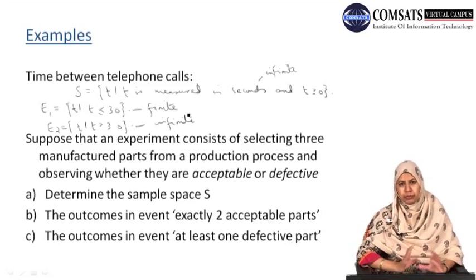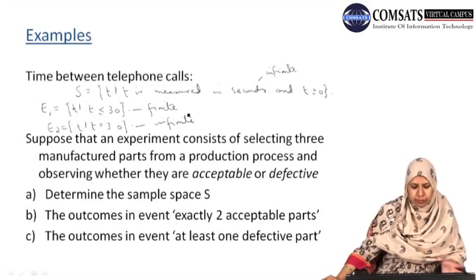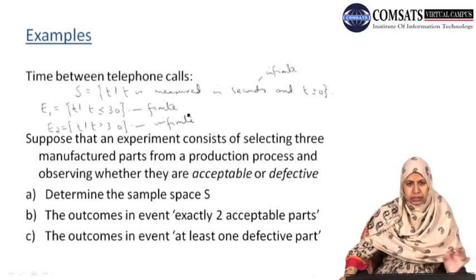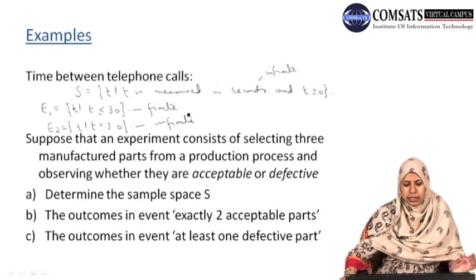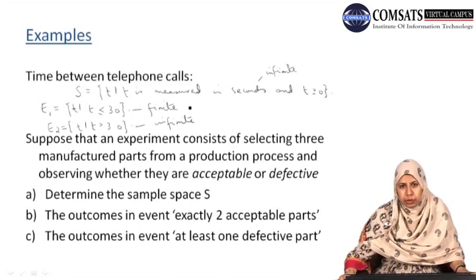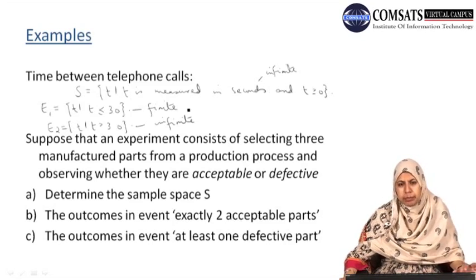First we have to determine our sample space, and then we will define our events in parts B and C. The problem says the experiment is selecting 3 manufactured parts from a production process, and we have to observe whether these 3 selected parts are acceptable or defective.